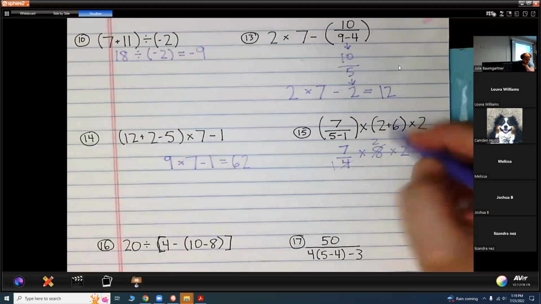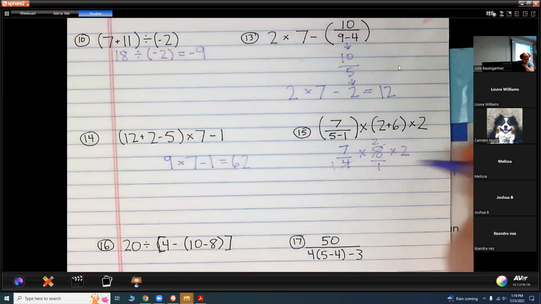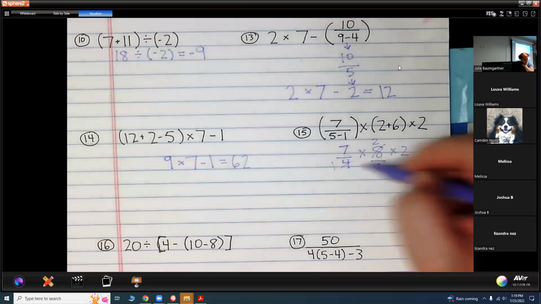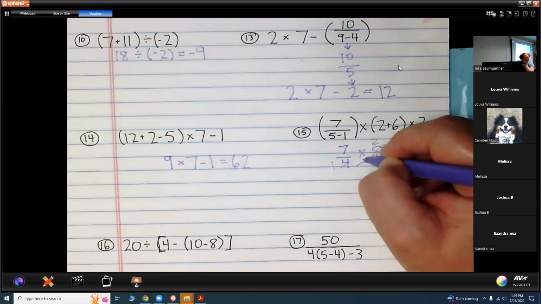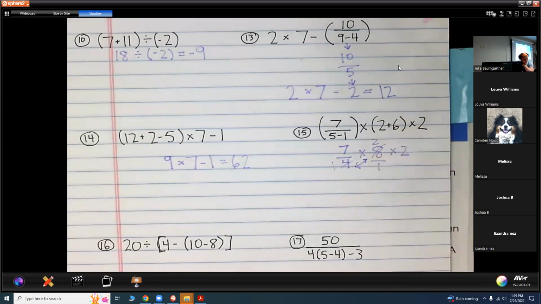So, right, we can cross reduce. Does everyone know what I'm doing here? So if I'm multiplying 2 fractions, I can look at the cross products and reduce if I can.